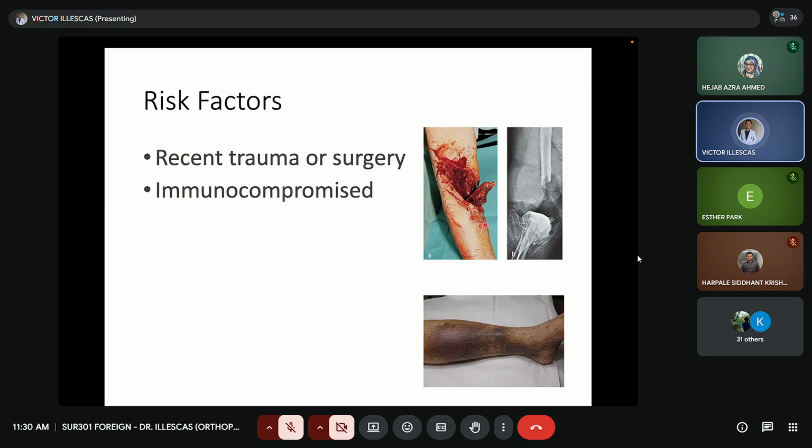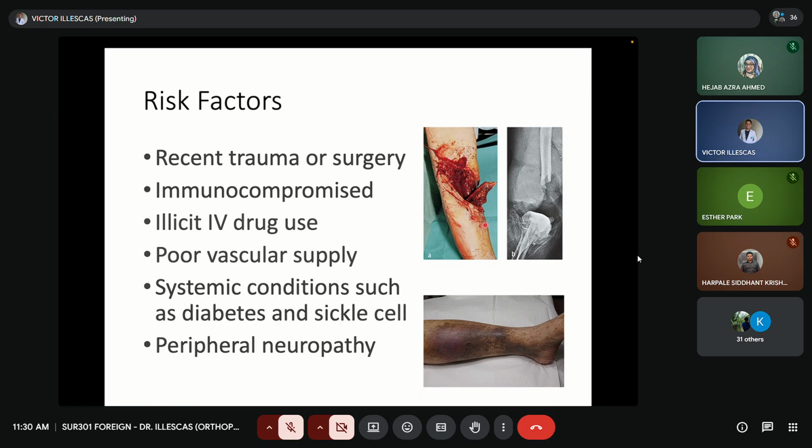Patient may be immunocompromised. In our case, the patient has been receiving treatments from local bone setters that may lead to trauma over the area, and with repeated trauma, it led to infection. It may also be secondary to illicit IV drug use as well as poor vascular supply, and systemic conditions such as diabetes, which may predispose the patient to more infection, as well as sickle cell disease that decreases the immunity of the patient.